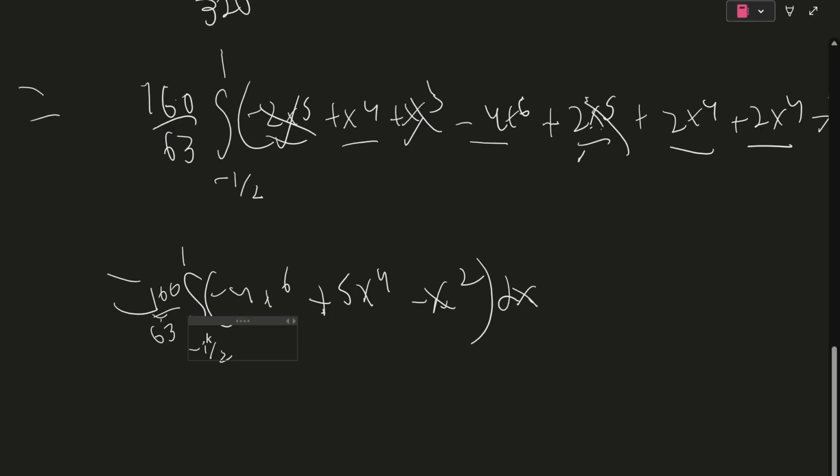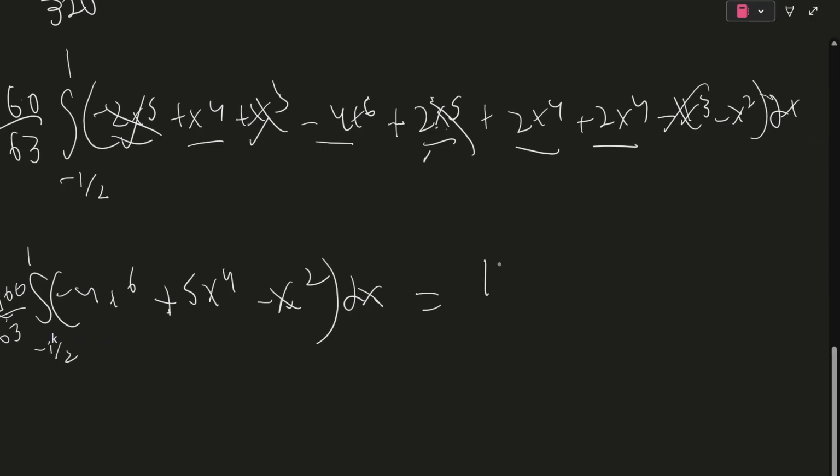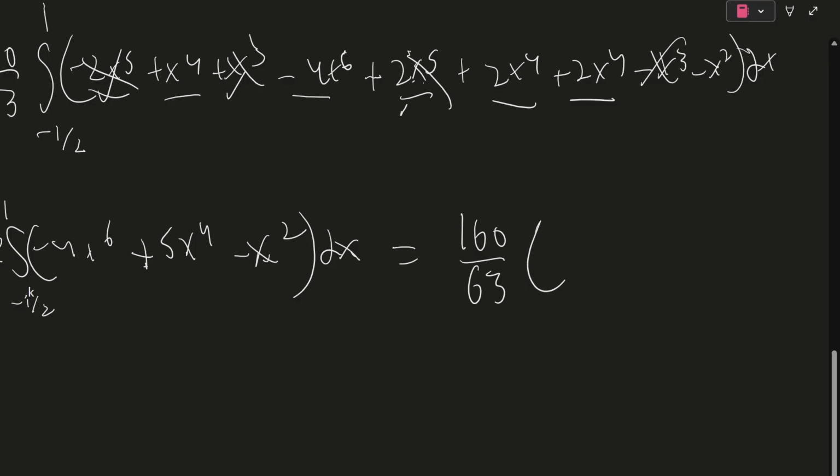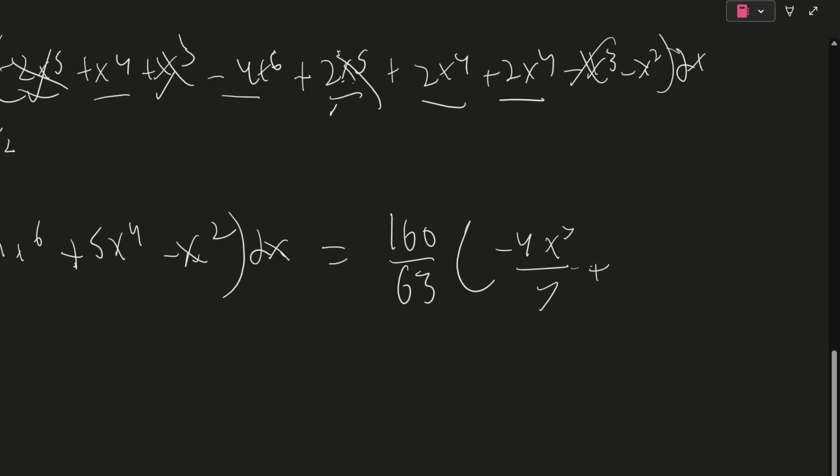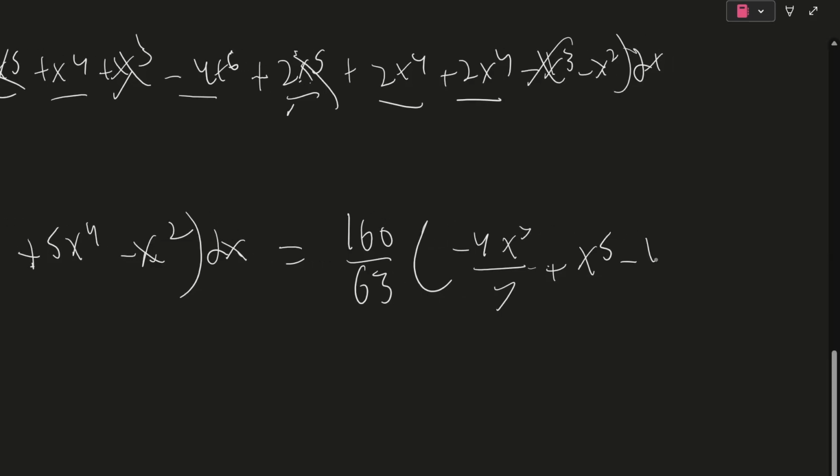We can now solve for an antiderivative, and for this we get 160 over 63 multiplied by negative 4 times x to the 7th over 7 plus x to the 5th minus x cubed over 3, evaluated from negative 1/2 to 1.